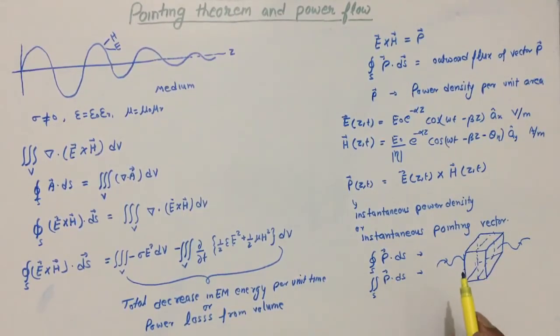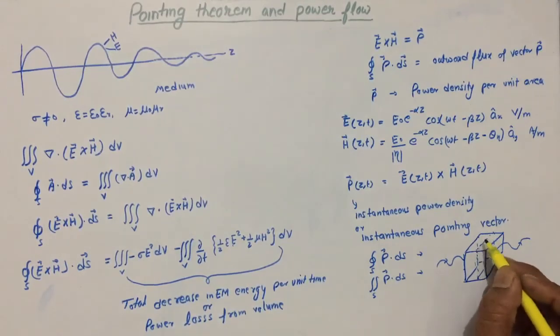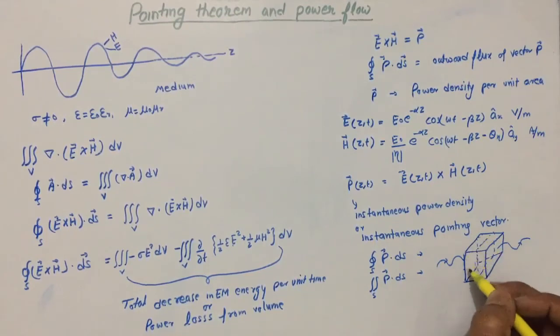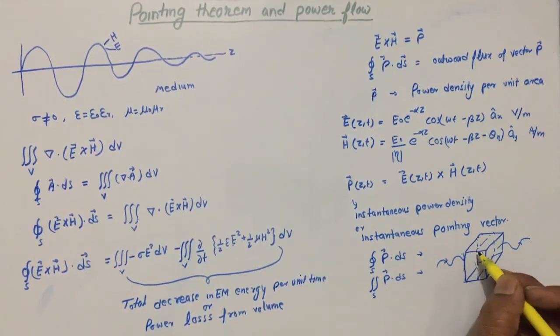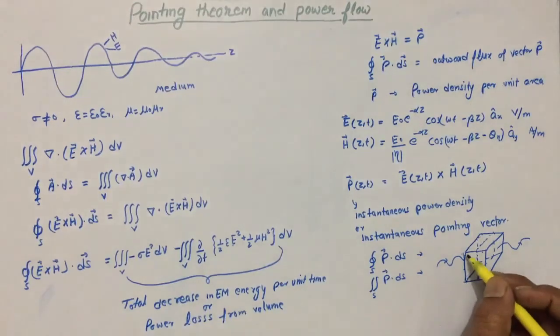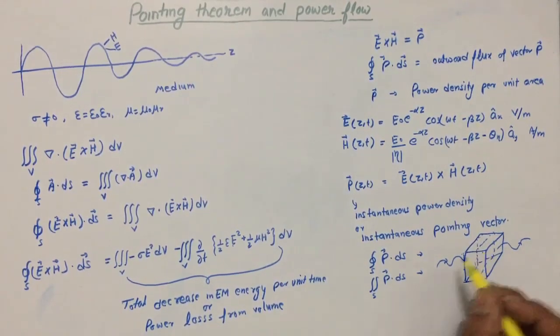And if we wish to find the instantaneous power for the closed surface, then it means we will find the power at this surface, next surface, next surface, and so on from here to here. So we will find the power at the surface and add up the next one, and the next one. That will be the closed surface power.